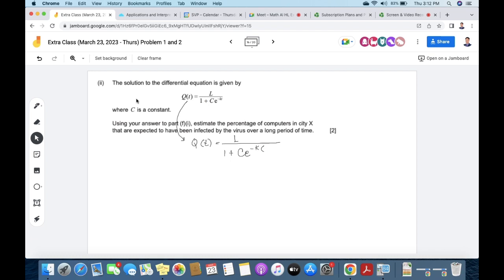The phrase long period of time, it's the same as what? There's no specific value, but as long as it's a long period.